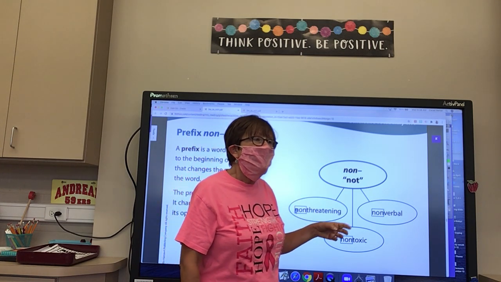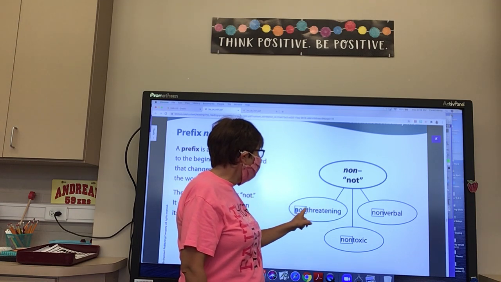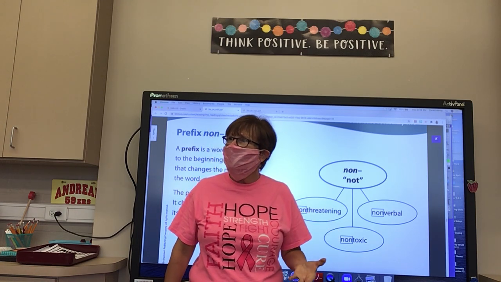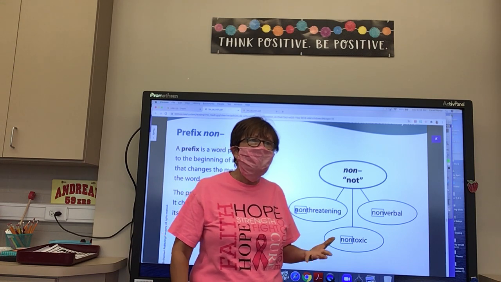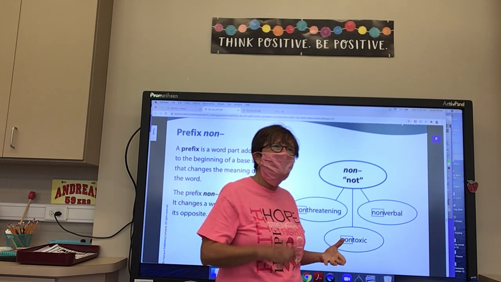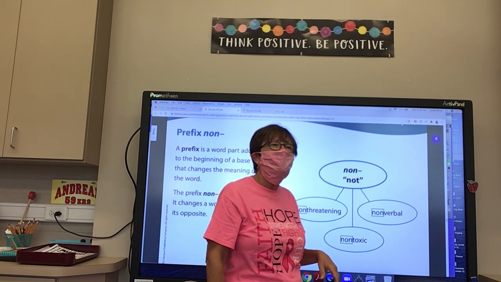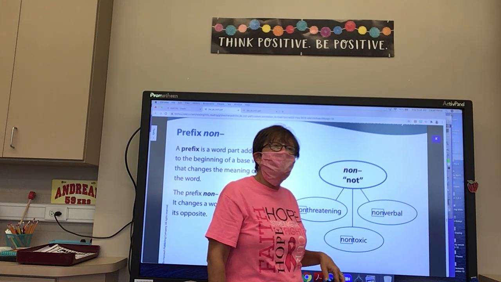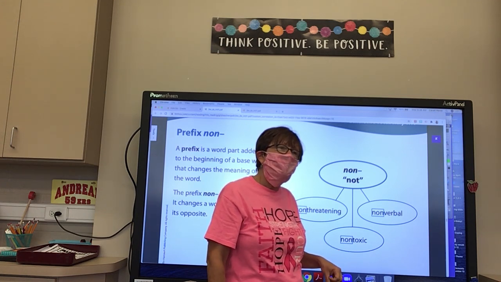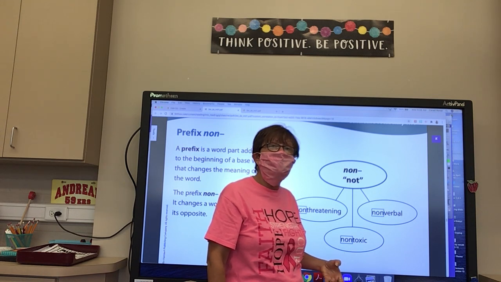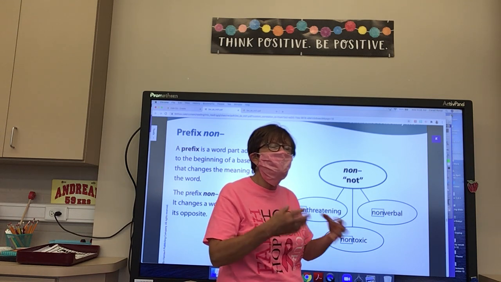Because something that's threatening, what does threatening mean? Can you give me kind of a definition for threatening? Yes, Avery? You're gonna hurt someone, or well, it doesn't always mean you're gonna hurt someone, or you're threatening to do something. Yes, you could be threatening to do something, or something can hurt you, something's going to happen.